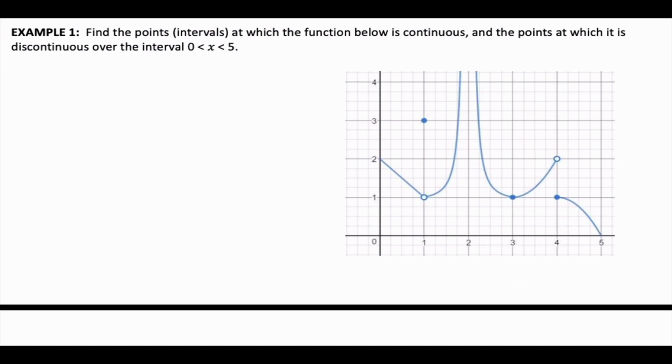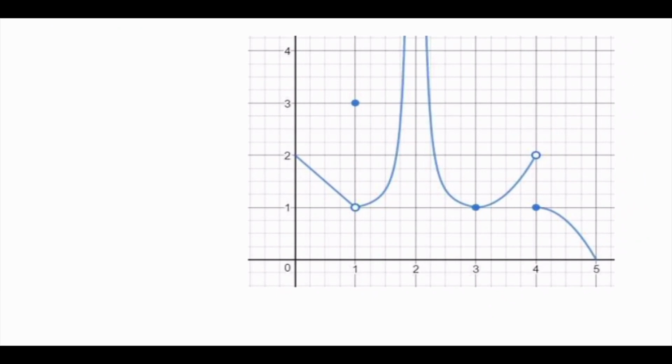Okay, so on the graph, let's start with 0. X equals 0. So x equals 0, we start here, right? And then we run into our first issue with continuity, right? What type of discontinuity is that at x equals 1? It's a hole in the graph, right? So what is that called?